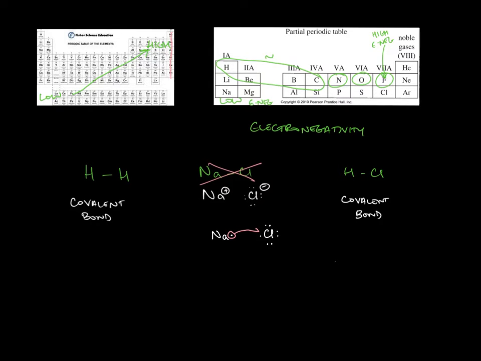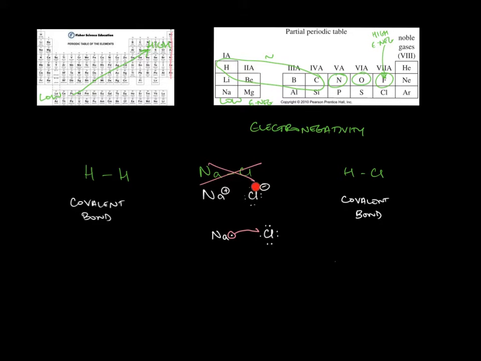Sodium would have one fewer electron than it should, which would be a plus charge on the sodium because electrons are negatively charged. Let me say that again. Electrons are negatively charged, so if you lose a negative charge, you become more positive. Chlorine, on the other hand, accepts an extra electron, and if you accept an extra negative charge, you become more negative.